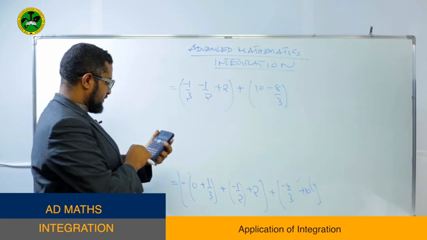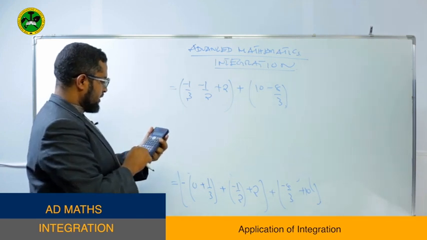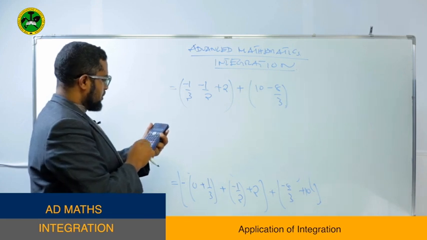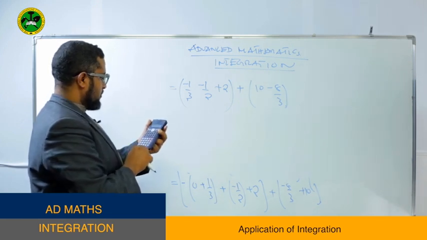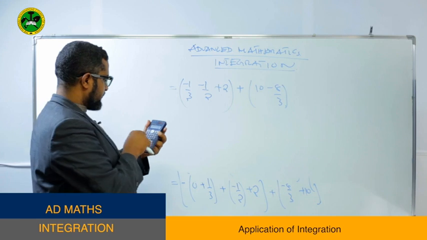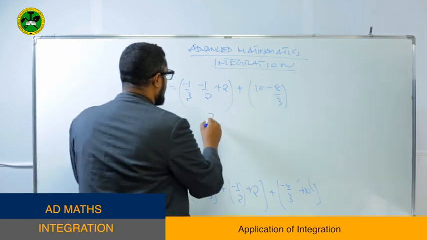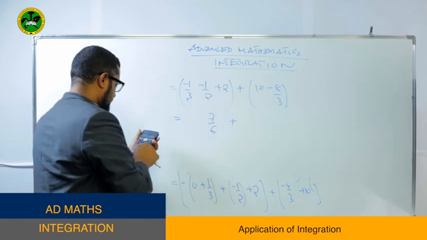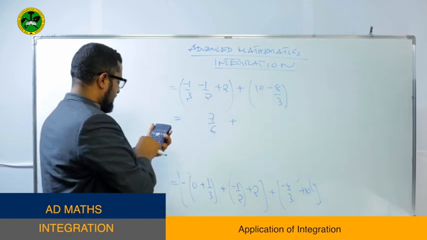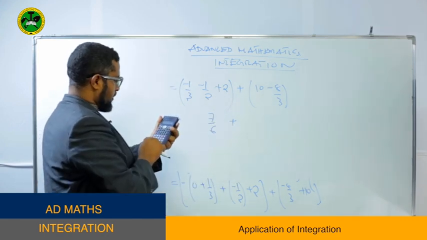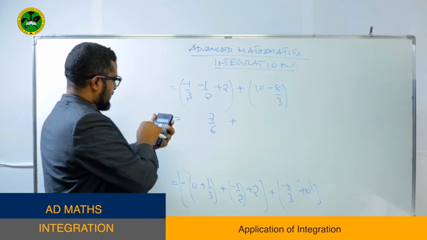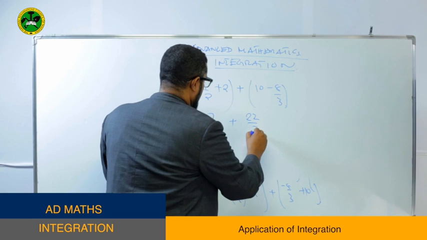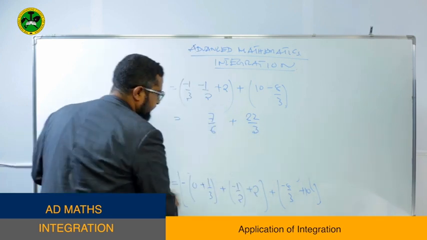So we take negative 1 over 3, we minus 1 over 2, and then we plus 2. We will have 7 over 6. So again, if we take that part, it's 10 minus 8 over 3. The answer here is 22 over 3.